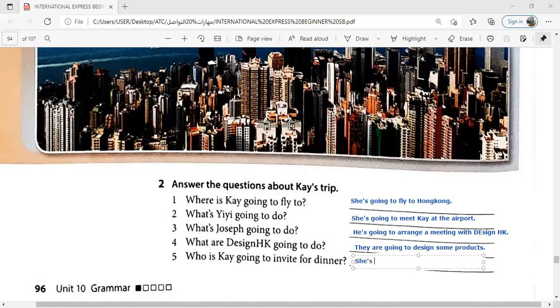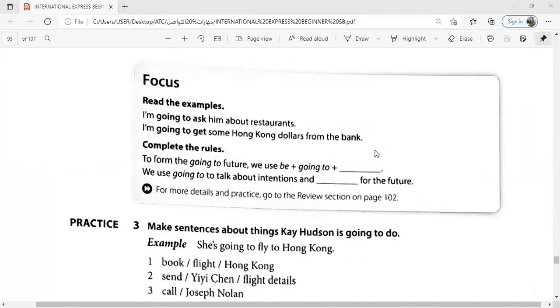She is going to invite everyone at Design HK. Right? طبعا this is from the paragraph.